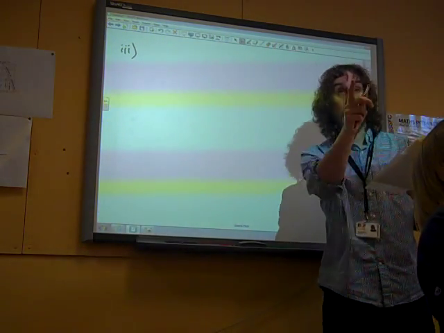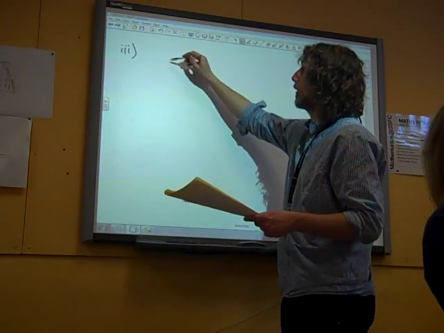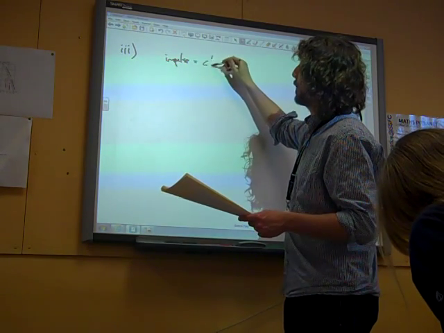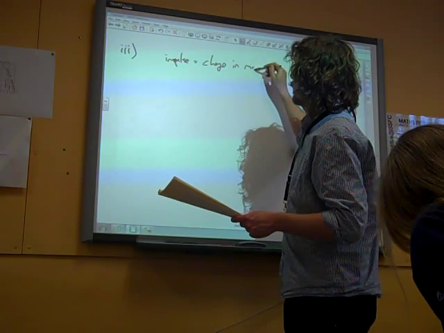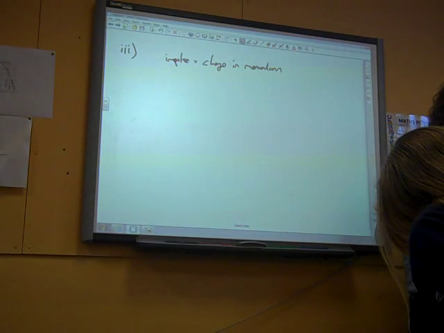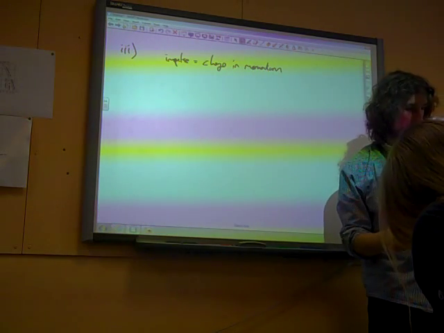Find the magnitude of the impulse. Impulse equals change of momentum. So I'm going to use an impulse as change of momentum equation.